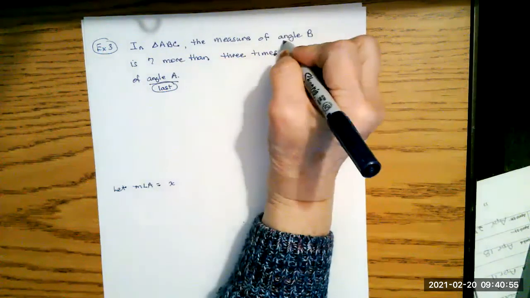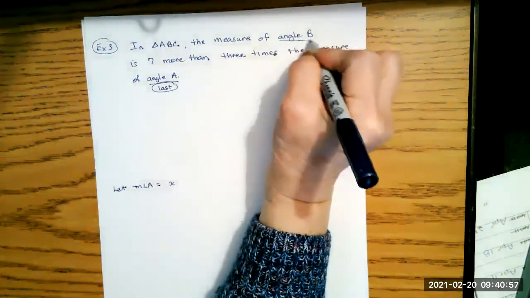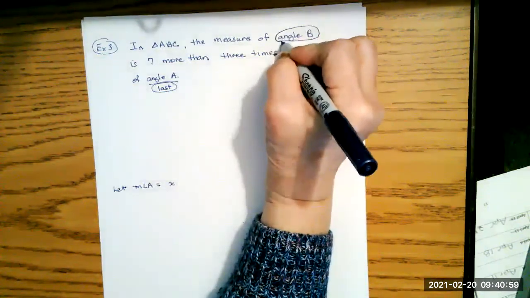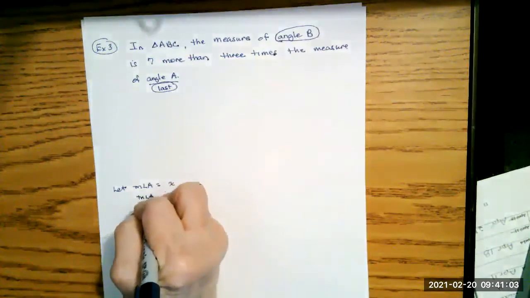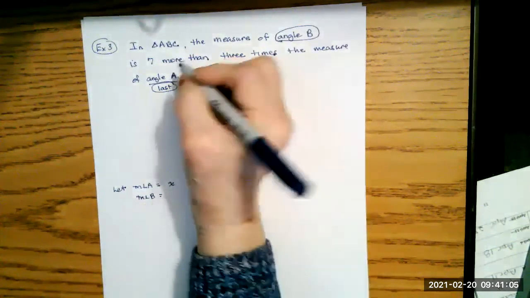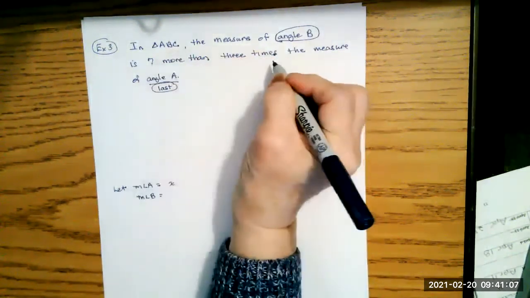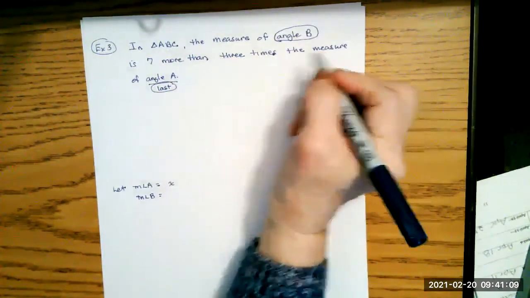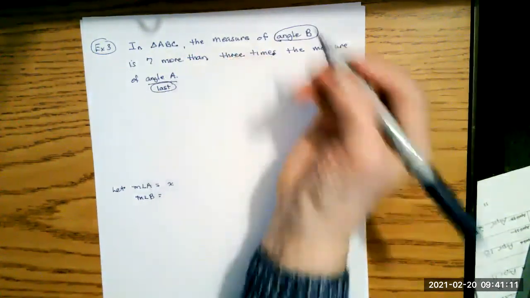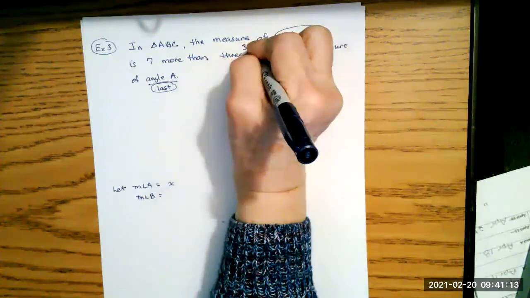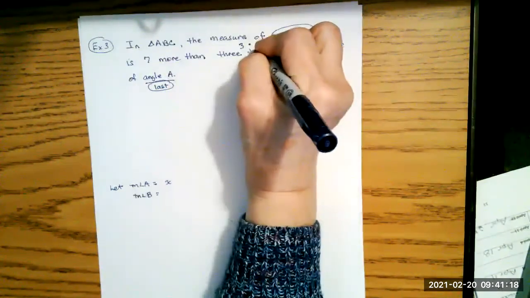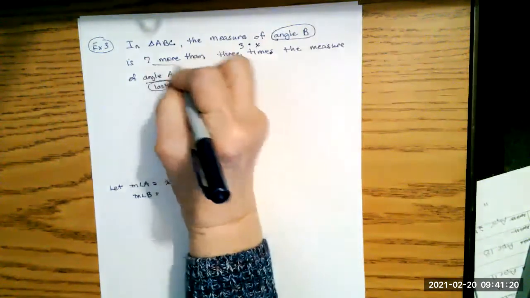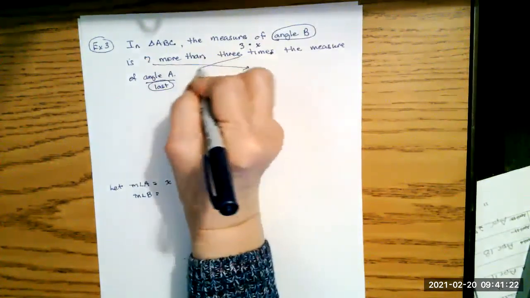It says the measure of angle B. Here's our angle B right here. So my angle B, let's see what it says about the measure of angle B. 7 more than 3 times the measure of angle A. 3 times would be 3 times, and we let angle A be x, and 7 more than is going to be a reversal.